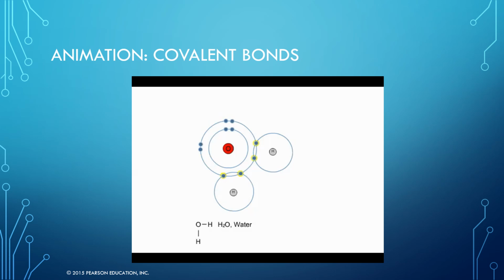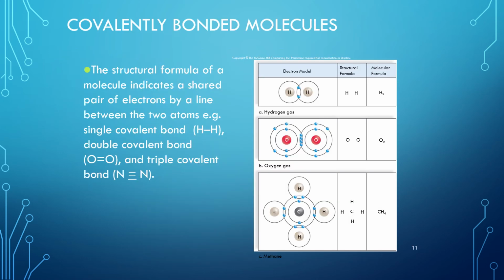So those are some examples of common covalently bound molecules. I'm going to talk a little bit more about them. So when you have a molecule that's formed by covalent bonding, the dash is indicating a covalent bond.